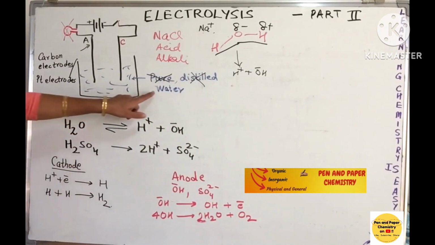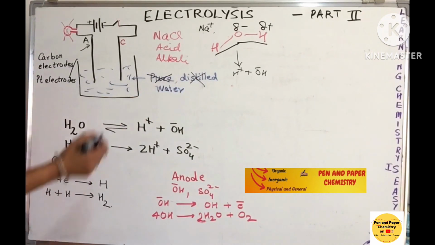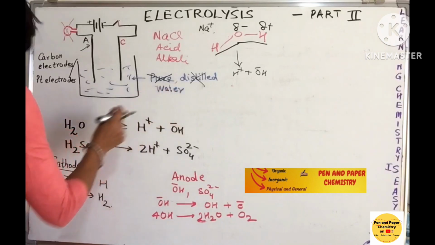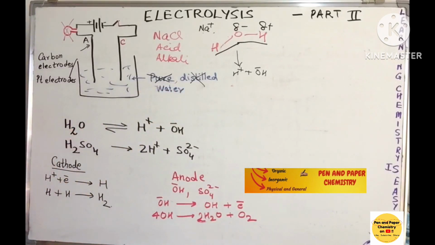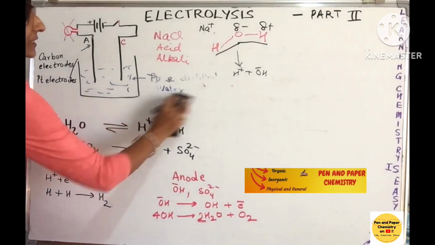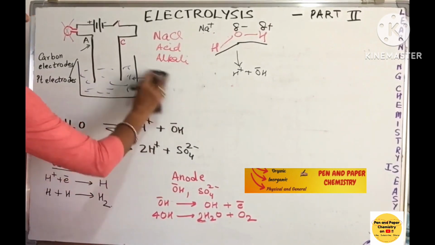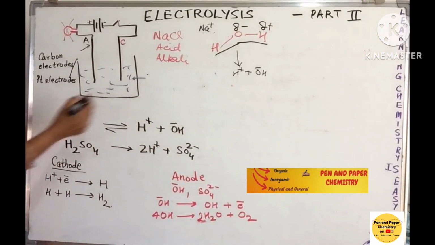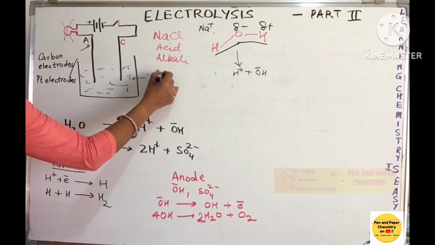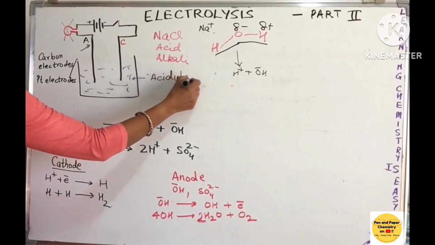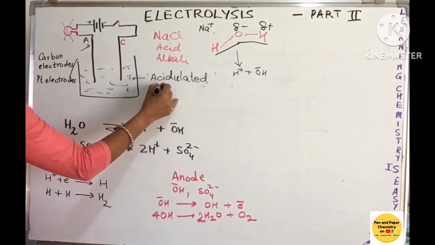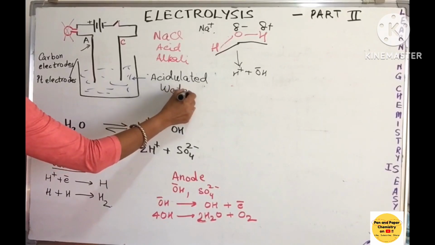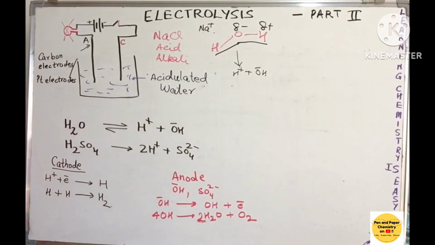We will have just water over here, and if we are using an acid, we can say that we are using acidulated water, or if we are using sodium chloride, we can say dilute salt solution, right?